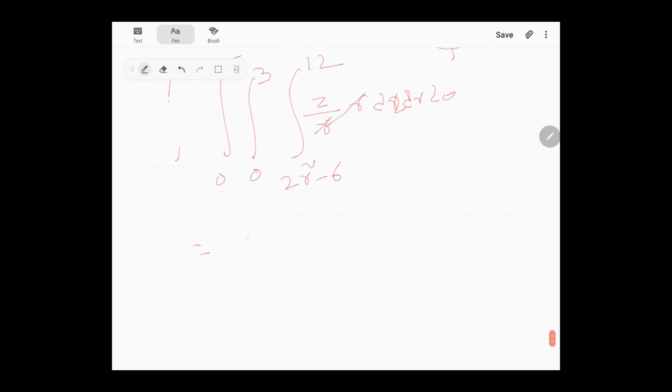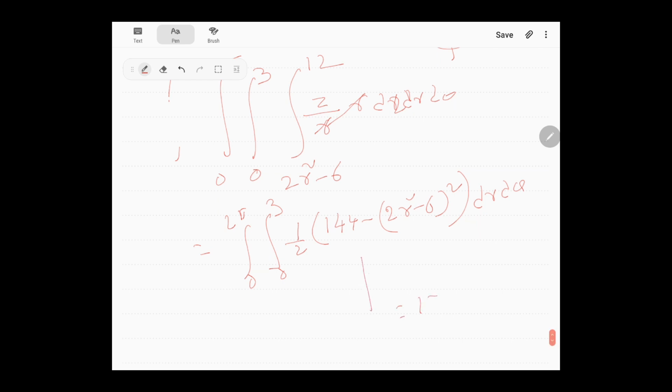Because this is a simple integral, and I already solved two problems, I am leaving this integral. The integral of z is z square by 2, so half of z square, which is 12 square, 144, minus 2r square minus 6 whole square, dr d theta.